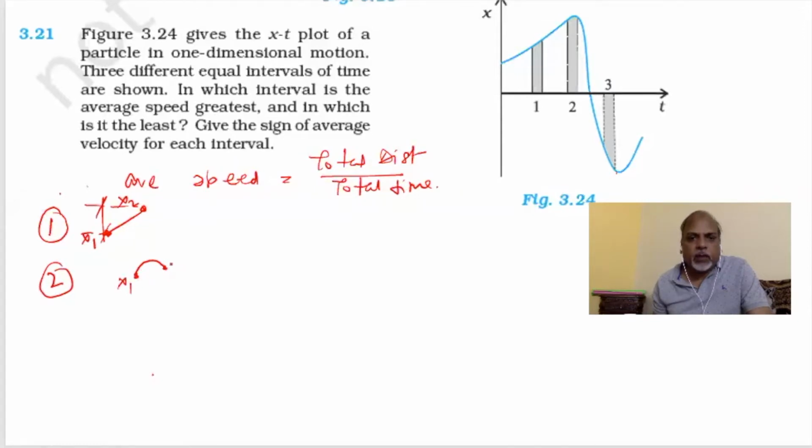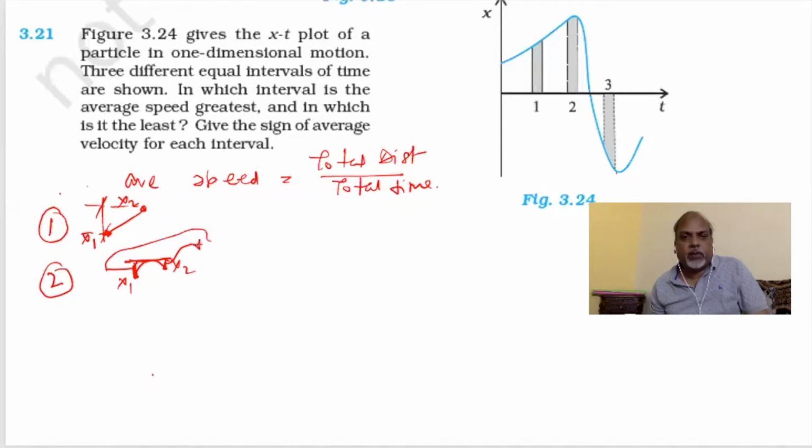In case of 2, it is basically x1, x2. Here what will be there? Here distances will be like this. This is one distance and this is another distance. Total distance is this plus this. Correct? Please don't confuse yourself.